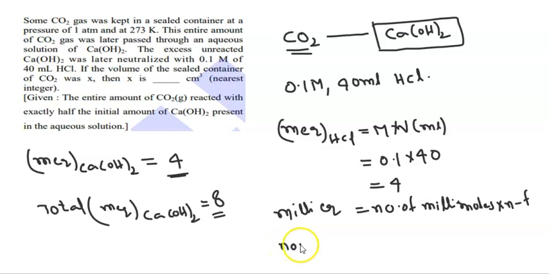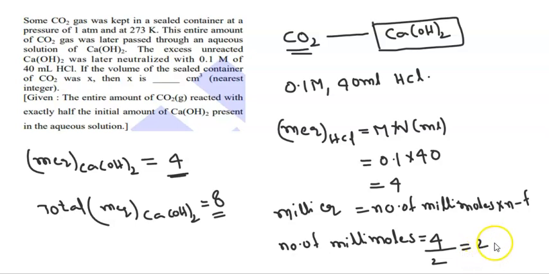The milliequivalents of Ca(OH)2 that reacted with CO2 is only 4, and the n factor for Ca(OH)2 is 2, because calcium hydroxide is a diacidic base.